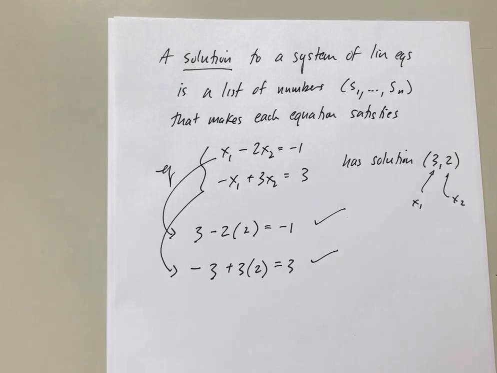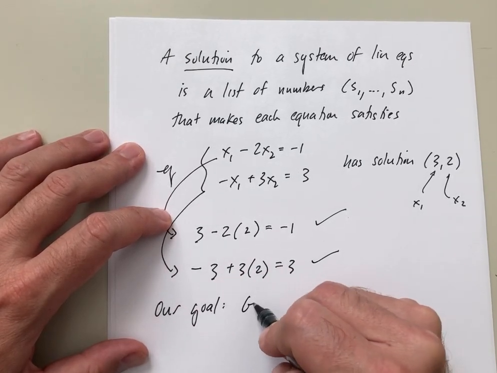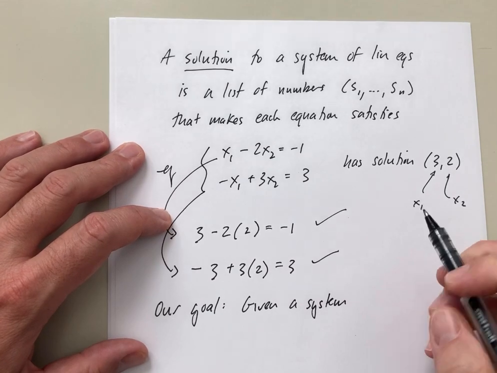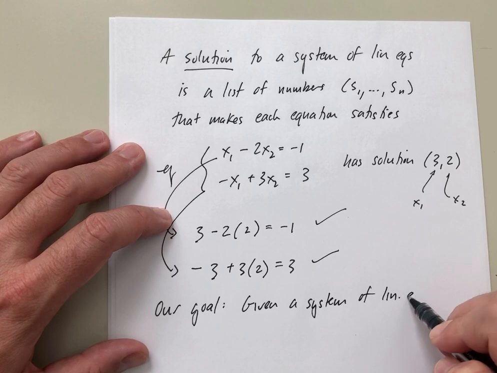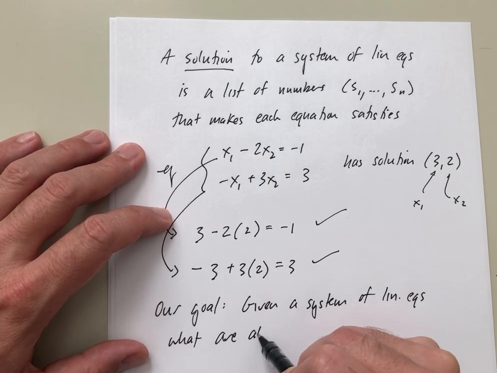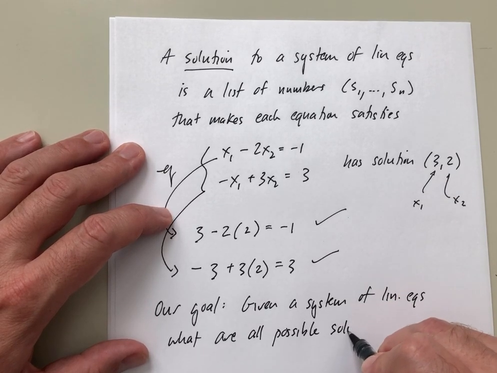So maybe we can just say this, our goal will be, given a system of linear equations, what are all possible solutions? And in fact, we'll see in a second, these won't always exist.